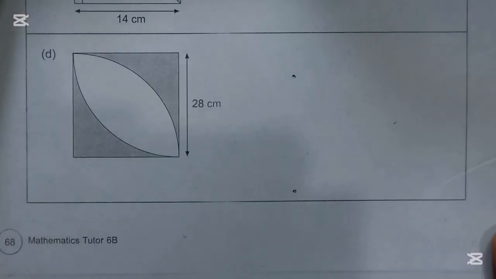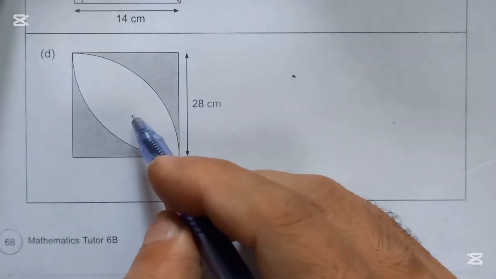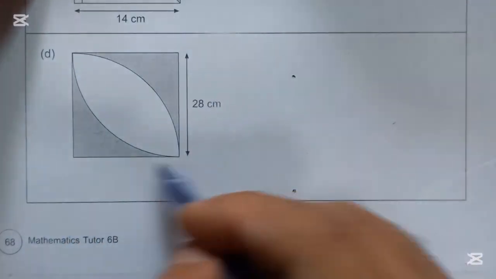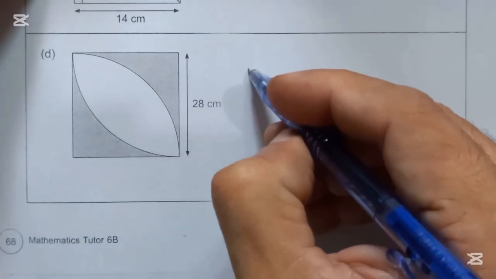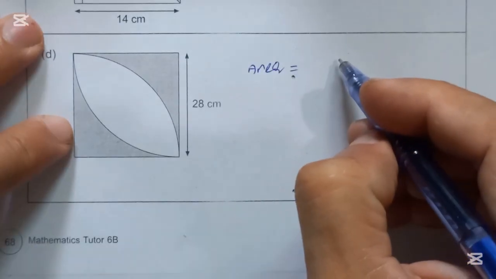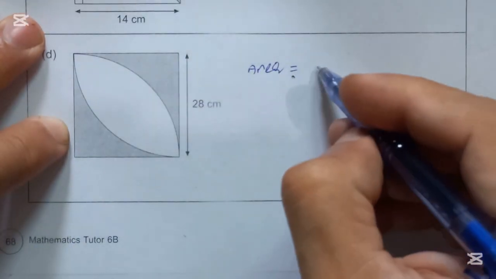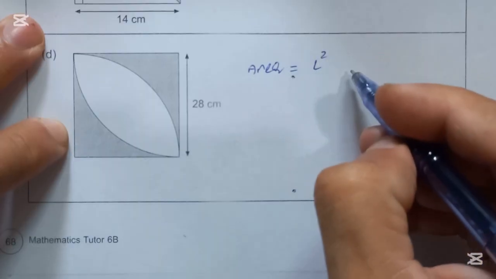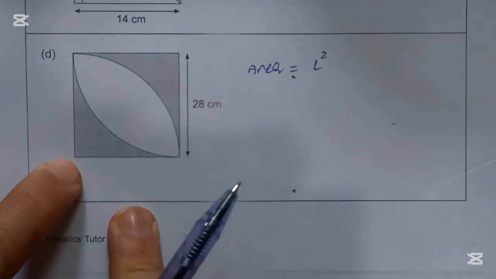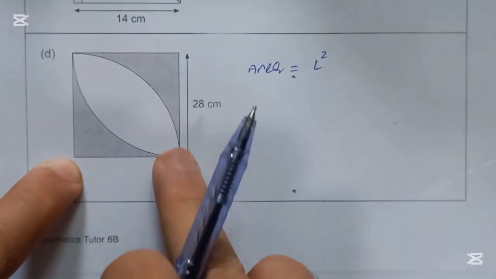To get the area of the shaded part in this figure, the method will be, this is a square, so required area will be equal to, square's formula is L square. From the square, for example, this is the origin of this quadrant.